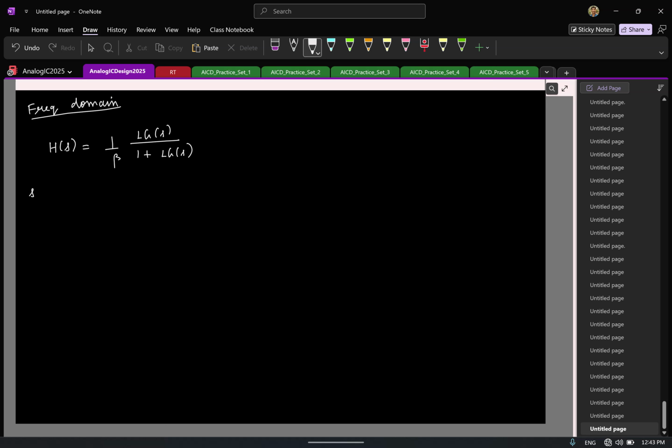Let us say I try to find the closed loop transfer function evaluated at the unity loop gain frequency. So let me take three cases. Let us say first case where I assume that the phase margin is 90 degrees. If my phase margin is 90 degrees, what can you say about the loop gain at the unity loop gain frequency?